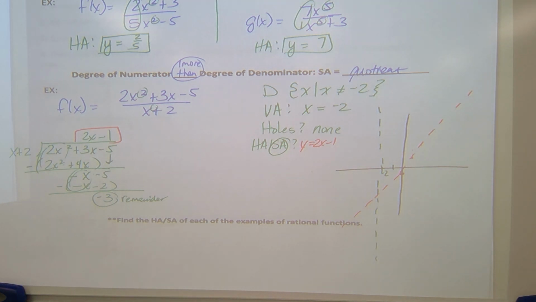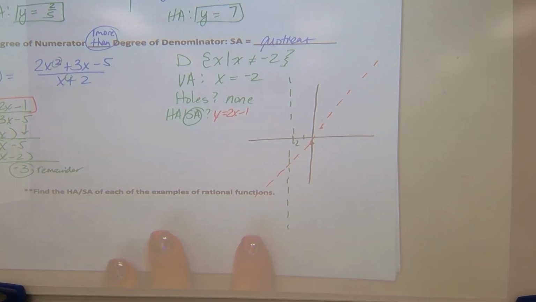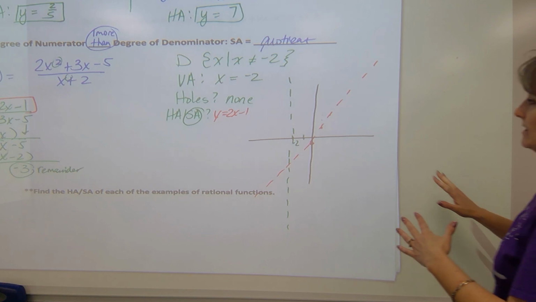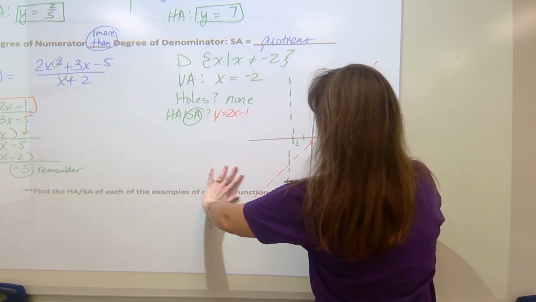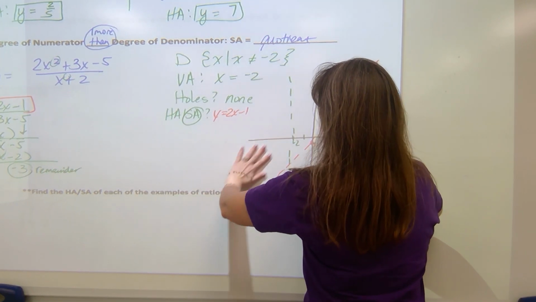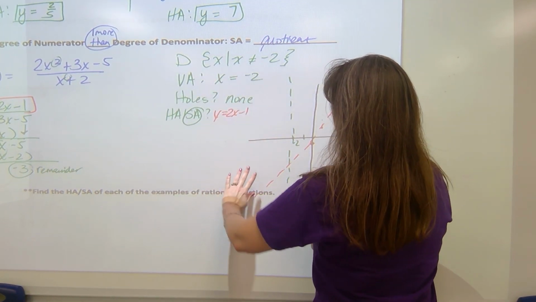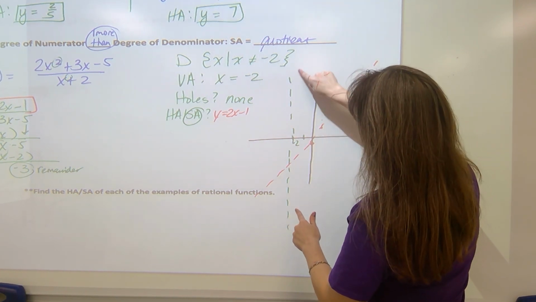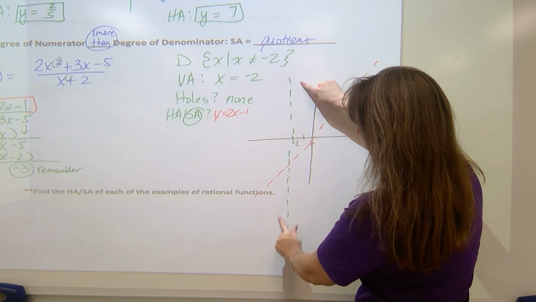Those sections are not equal, but we have divided our graph into 4 sections. If you try to visualize this, I've got this big wide section here on the right and this big wide section here on the left where my function can be turned by those asymptotes. And then I've got these skinny sections, this section in here and this section down here.